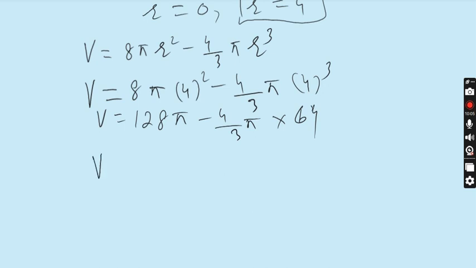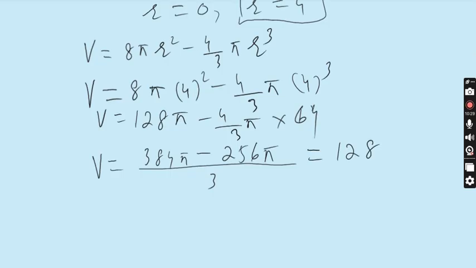Taking the LCM, V is 3 into 128 is 384π, minus 64 into 4 is 256π, which equals (384 − 256)π/3 = 128π/3.